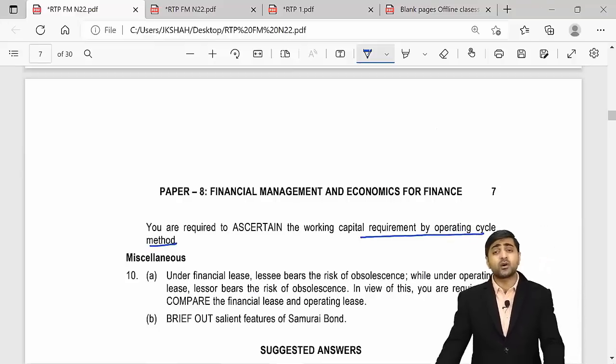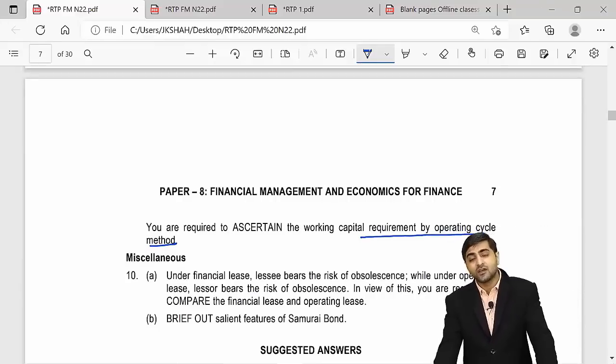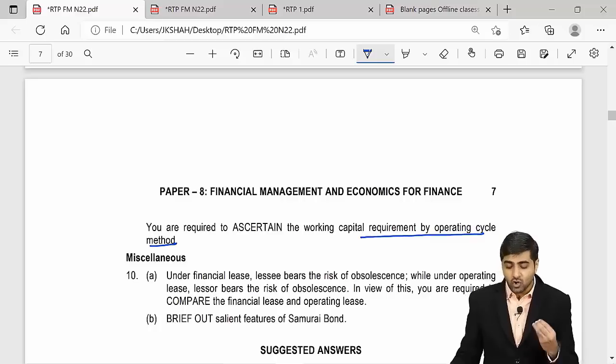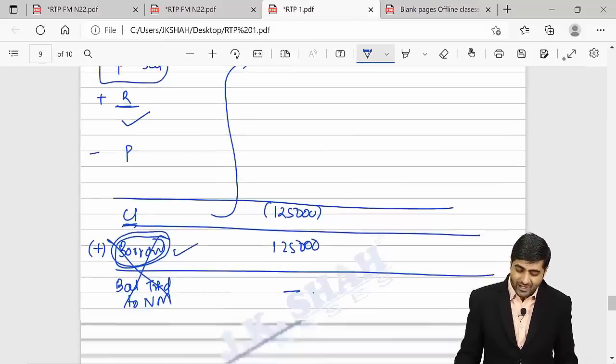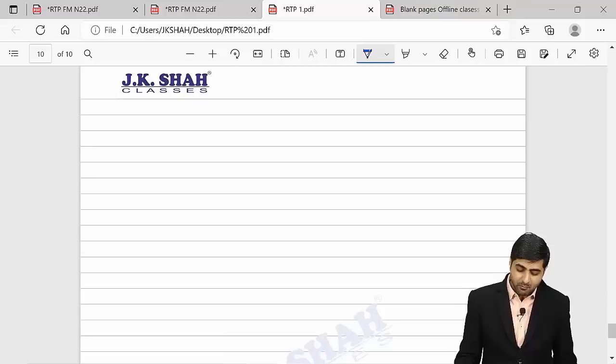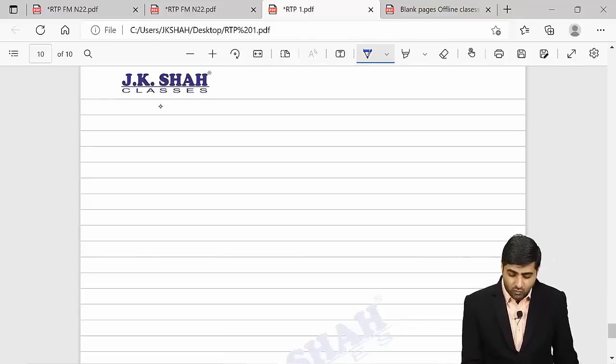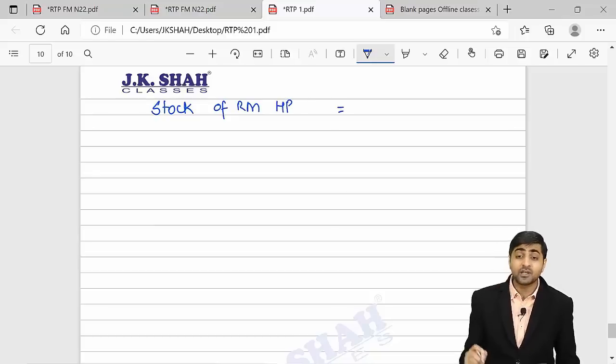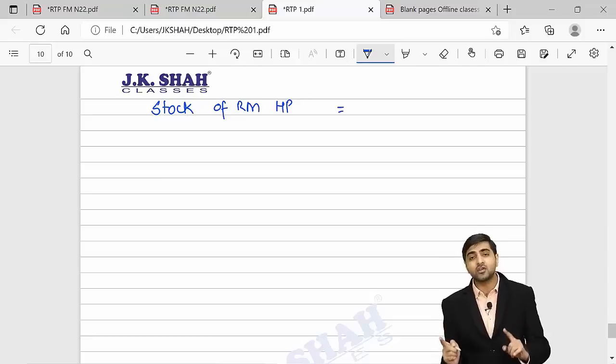So when they give the wording operating cycle method, the first thing is we are required to calculate operating cycle duration. So operating cycle duration will be calculated like this, by taking into consideration your stock of raw material holding period, the time period for which the money is getting blocked in your raw material.